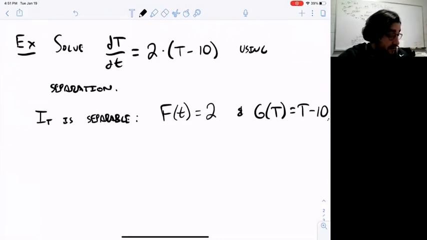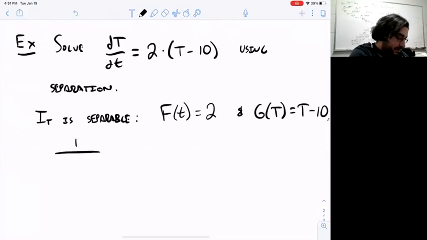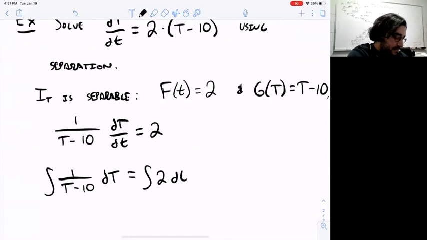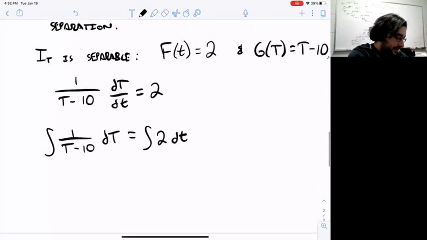So here I can follow the little algorithm: divide both sides by g and integrate both sides. When you integrate both sides, the little dt's are going to cancel by chain rule, u sub, whatever you want to call it. So integrate both sides.